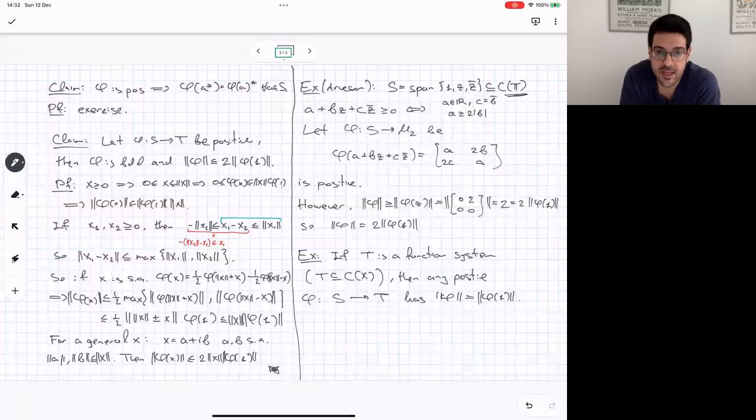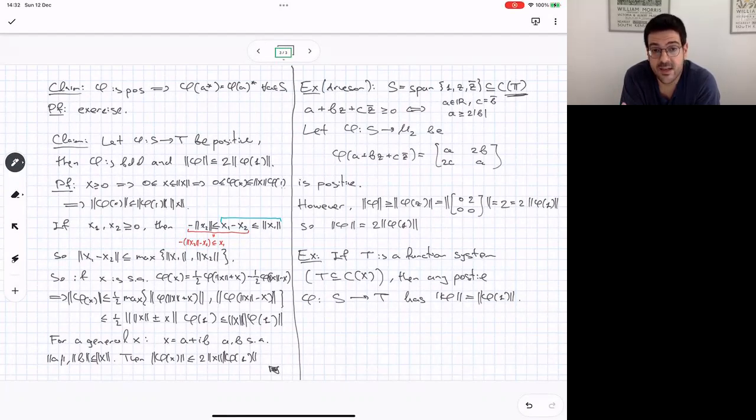Let me even give you the answer. I mean, what's the easiest way to do it? First, think of the case that T is nothing but the complex numbers. If T is nothing but the complex numbers, then phi is just a positive linear functional.